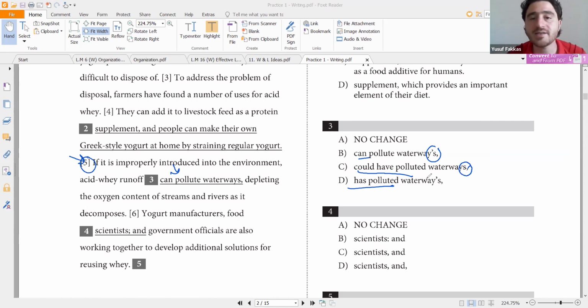Remember, in verb tense, we look at the other verbs in the sentence, because verb tense is related to parallel structure. All the verbs are in the present, all the verbs are in the past, and so on.